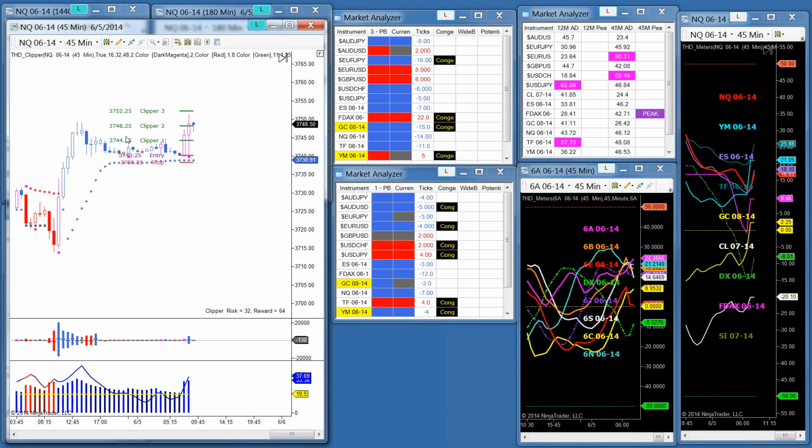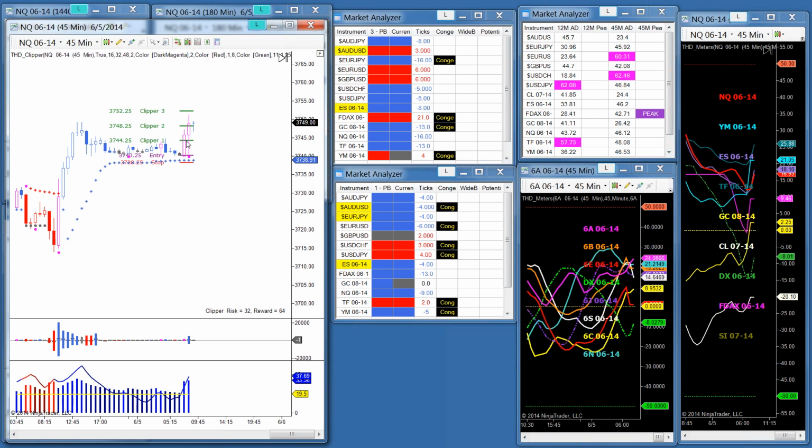So now you can see what your profit targets are using a risk to reward of 1 to 2. If you entered at 37, 40, 25, your first profit target is 37, 45, 25. 37, 48, 25 is your second profit target, and your last profit target would be 37, 52, 25.